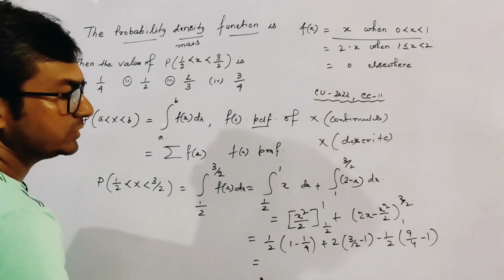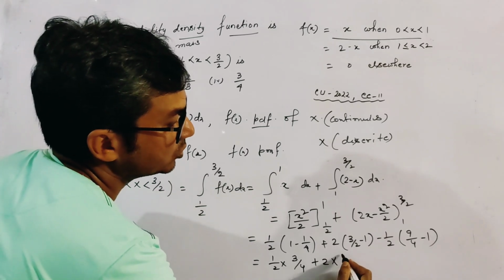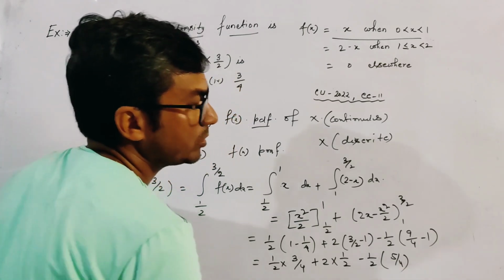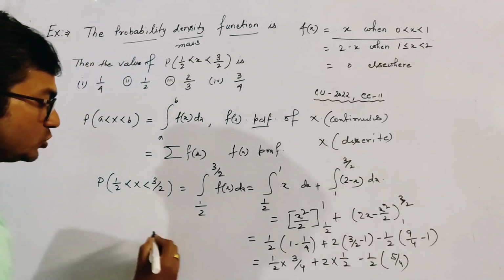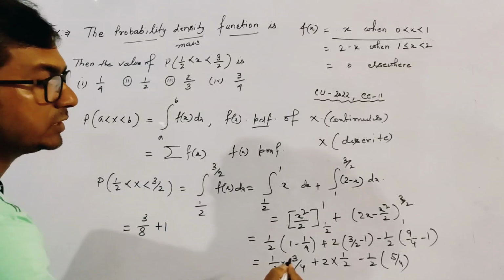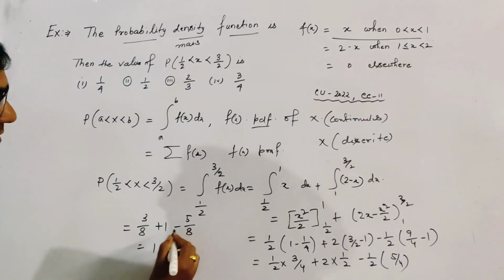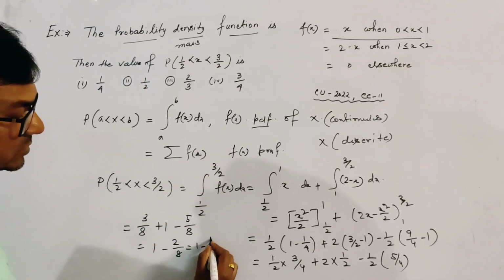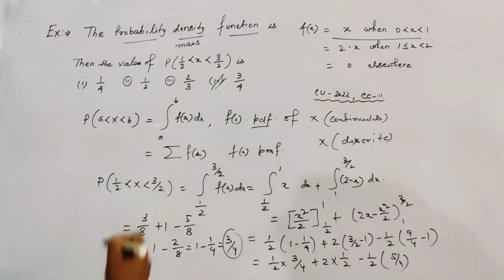So the result is half into 3/4 plus 2 into half minus half into 5/4, because (9 minus 4)/4 is 5/4. So the answer is 3/8 plus 1 minus 5/8, so 1 minus 2/8, so this is 1 minus 1/4, that is 3/4, and the correct option is option number 4.